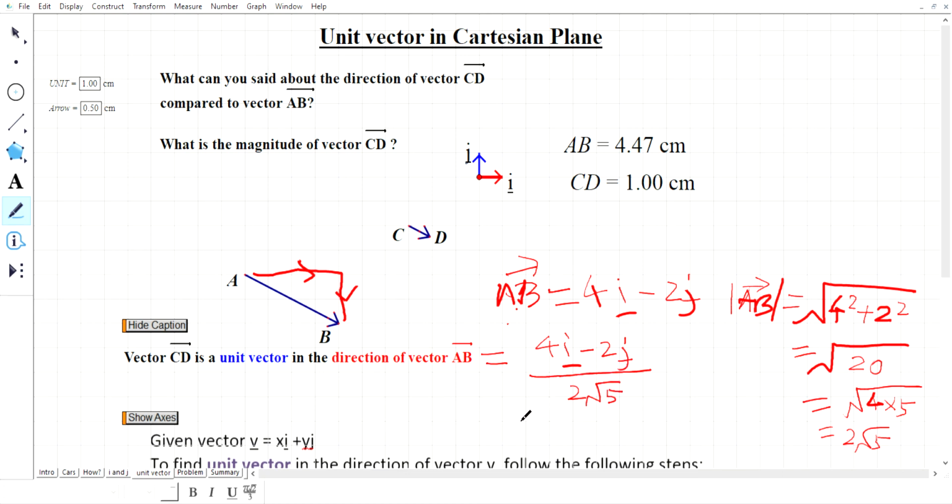Simplify, we have 2 over square root 5 i minus 1 over square root 5 j.